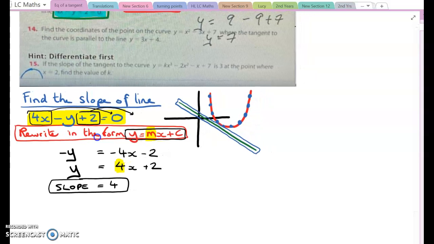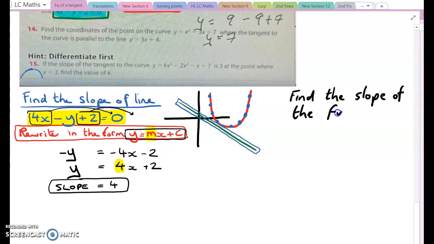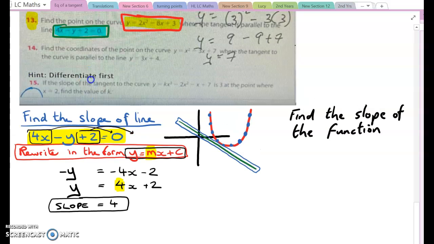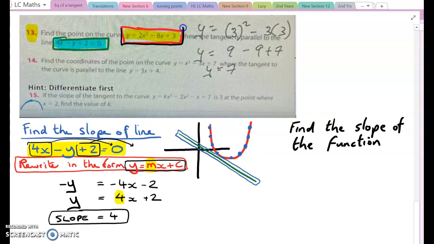Now we need to work with the function equation and find the slope of the function. The function was the other equation, this one up here, 2x squared minus 8x plus 3.